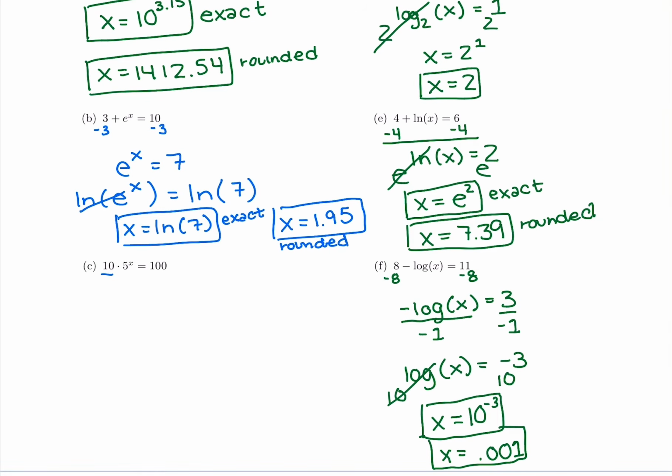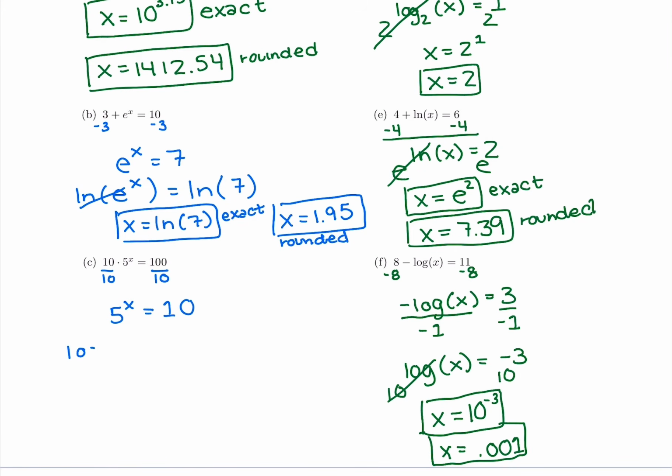So first of all, I'm going to divide by 10 to try to get that 5 to the x by itself. So I'm going to get 5 to the x equals 100 divided by 10 is just 10. And now I want to get rid of base 5. So I'm going to do log base 5 of 5 to the x equals log base 5 of 10. So I'm going to get x equals log base 5 of 10.